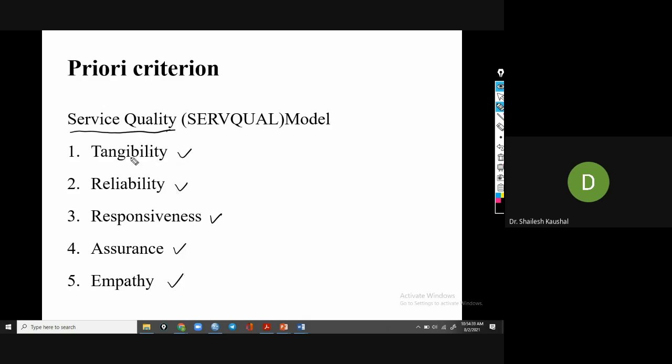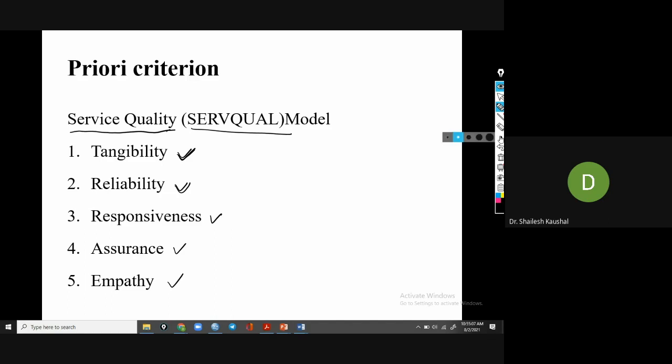But your construct names may be different when you are using this model to explain the service quality in higher education. It is not necessary to take the same variable names that other researchers used. It's the researcher's choice to take the variables or give names to the variables.